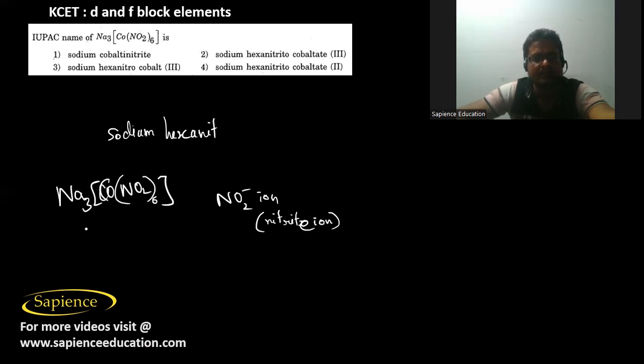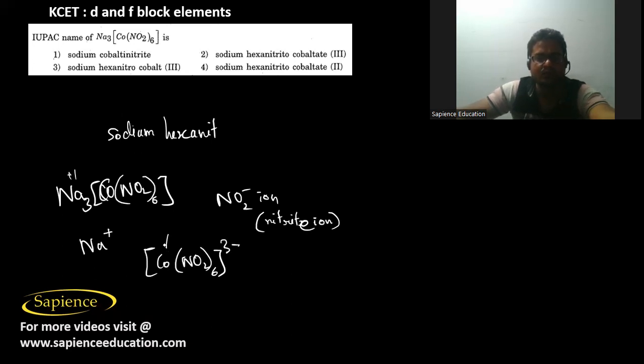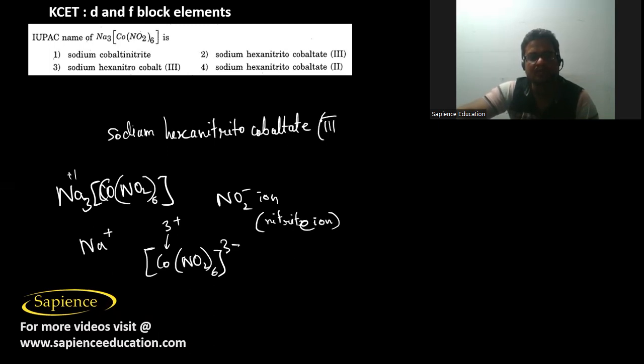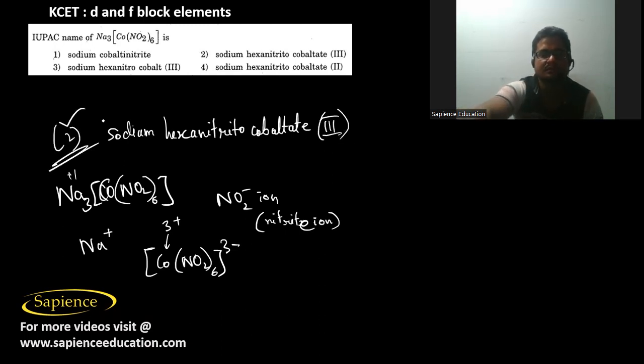Since it is Na3, and Na has a plus 1 charge, it means that the complex [Co(NO2)6] has a 3 minus charge. So cobalt will have a 3+ oxidation state. So it is sodium hexanitrito cobaltate, and the valency of cobalt is 3, so I should write 3 in Roman numerals. So option 2 is the correct answer.